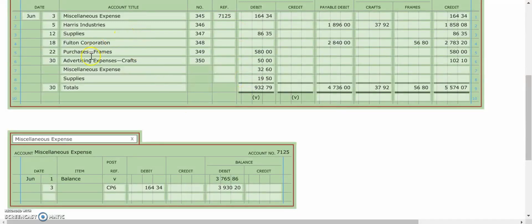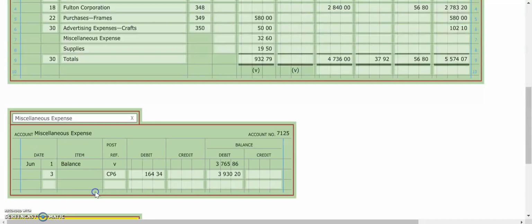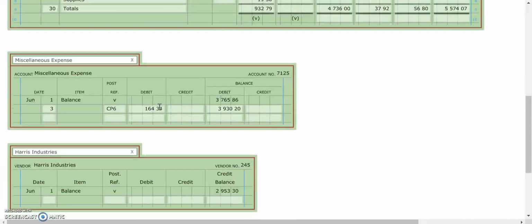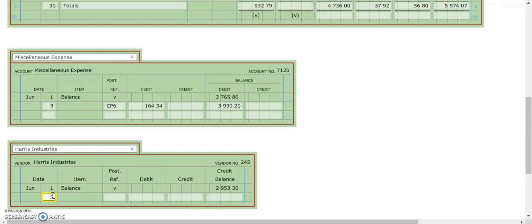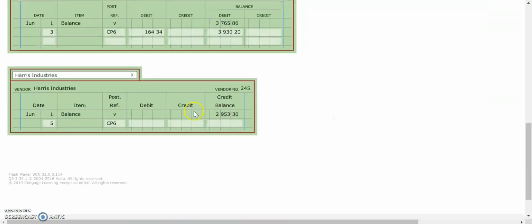All right, let's keep going. Harris Industries, that's going to be in our accounts payable ledger. So we're going to open that up for Harris Industries. I'm going to have to scroll a little bit. This is going to happen on the 5th. Again, this is for CP6. Although Harris Industries has nothing in the general debit or general credit, remember it's the accounts payable debit individual of 1896. So it's going to be a debit of 1896.